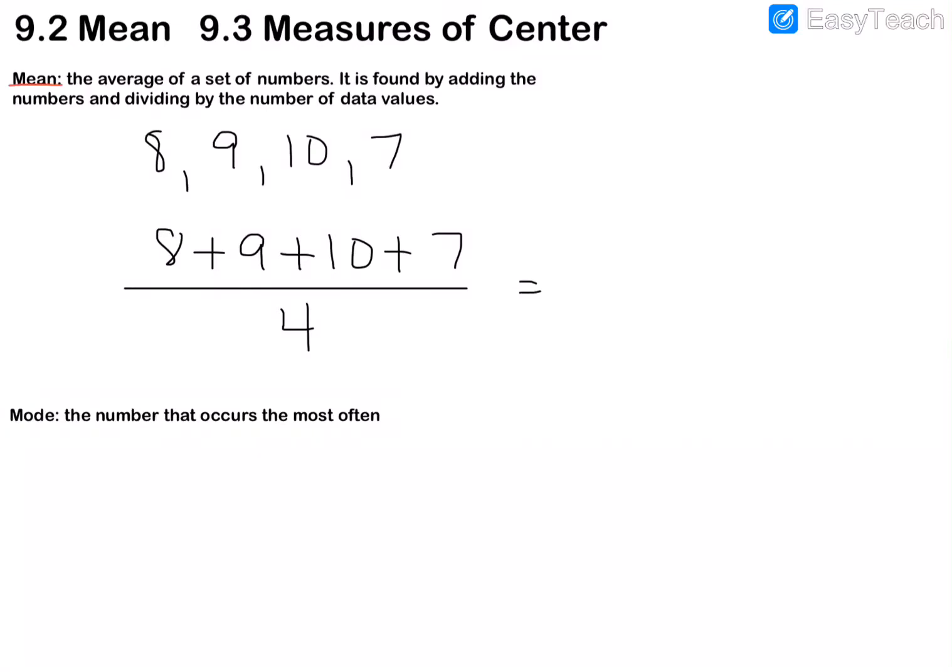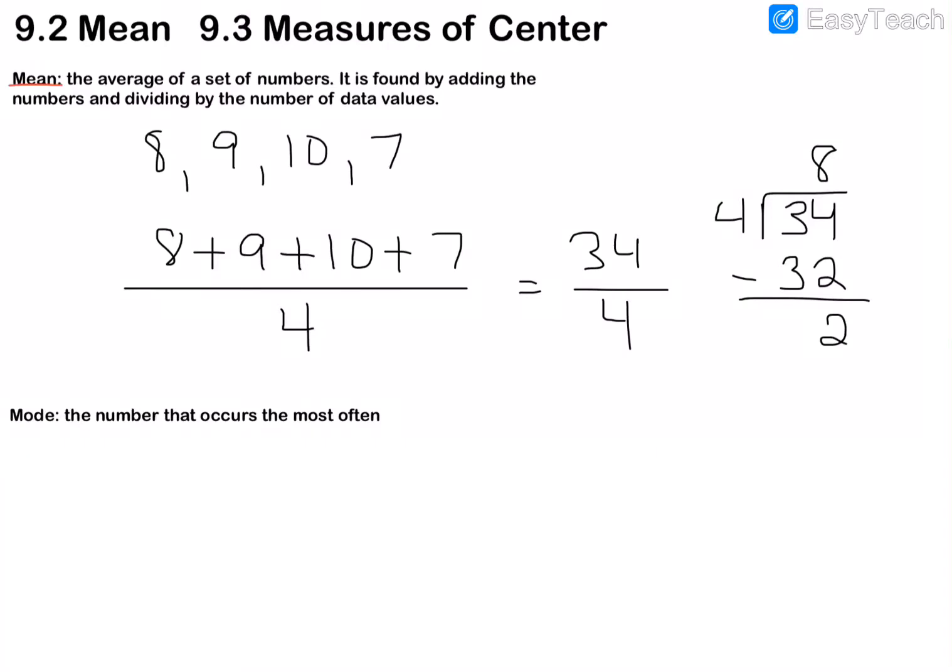When I add the top numbers together, I get 34 divided by 4, and then you would just go ahead and solve that out. 34 goes inside, divided by 4. 4 goes into 34 8 times, which is 32. I'm left with 2.